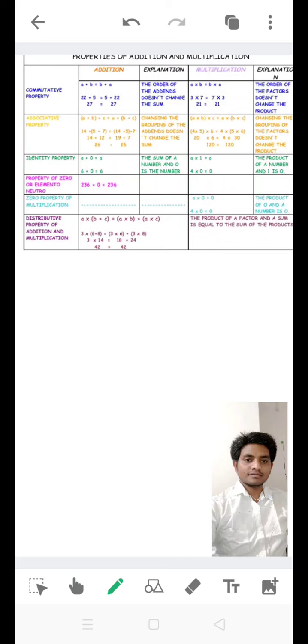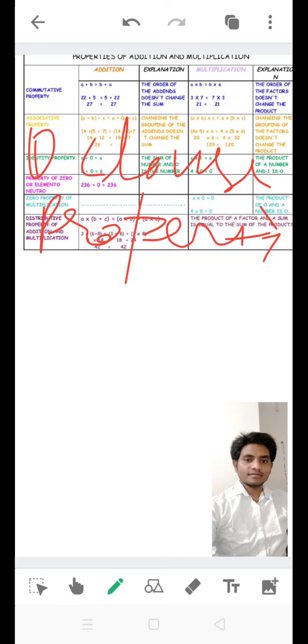First one is closure property, closure with the help of operation multiplication. Closure property under operation multiplication.